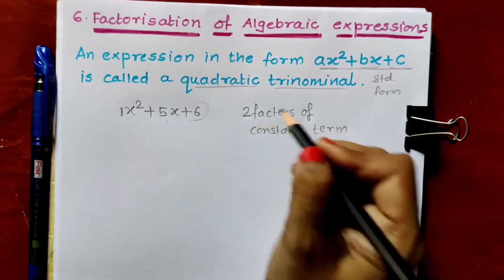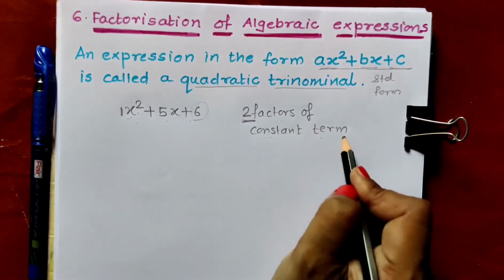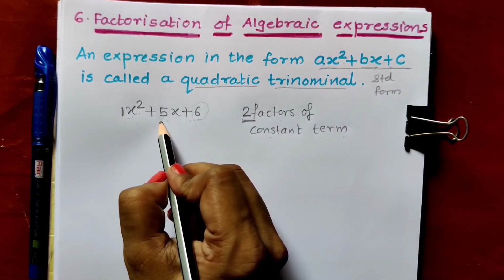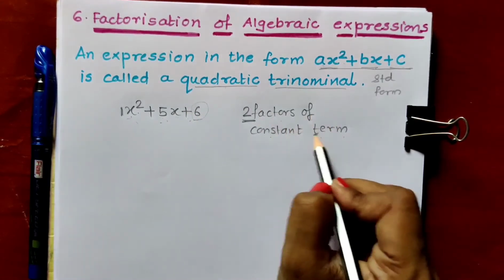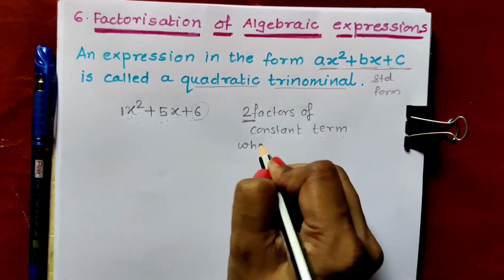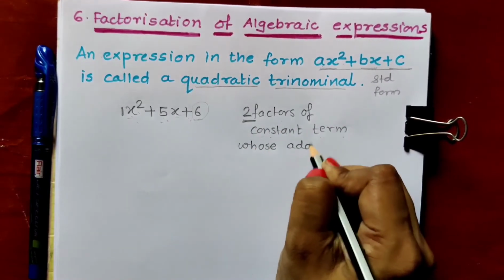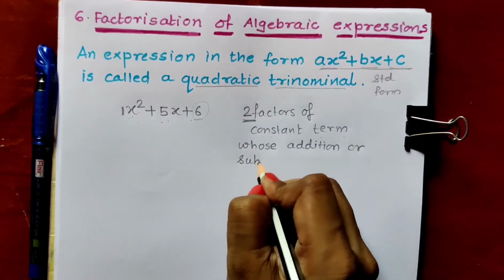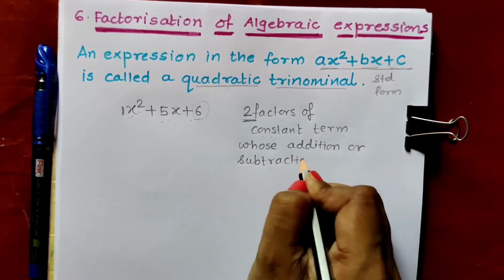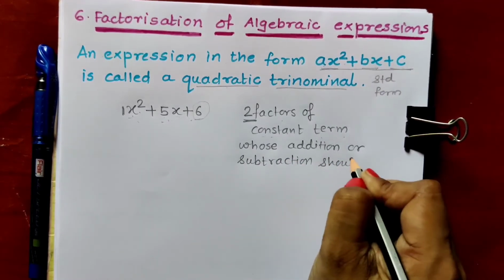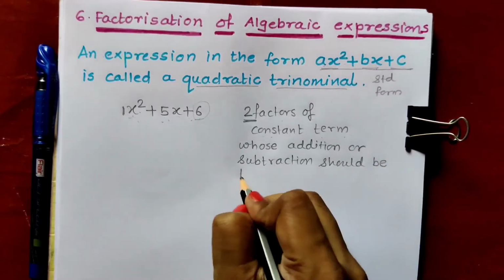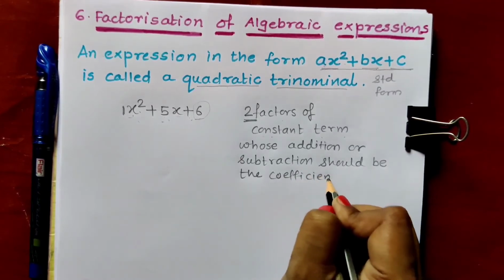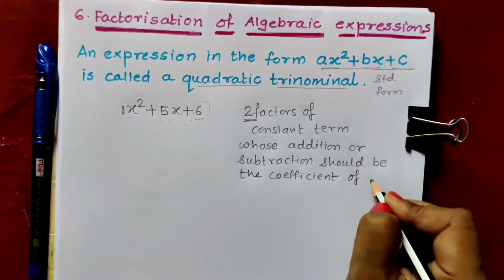Only 2 factors of the constant term whose addition or subtraction should be the coefficient of the middle term.